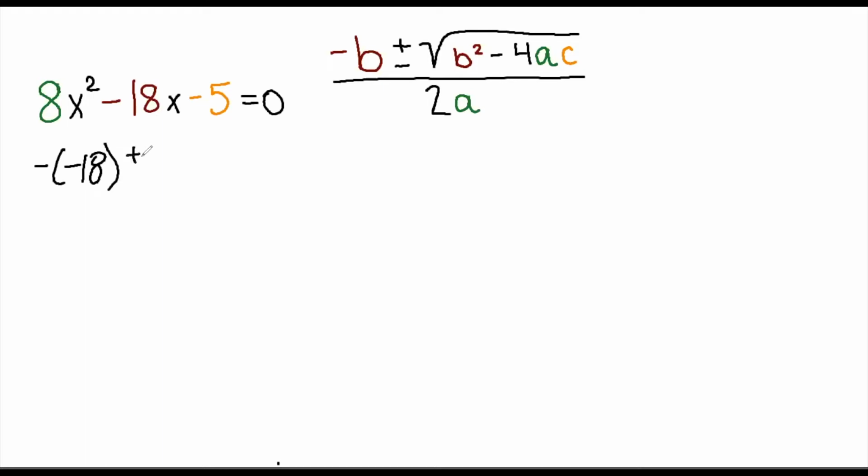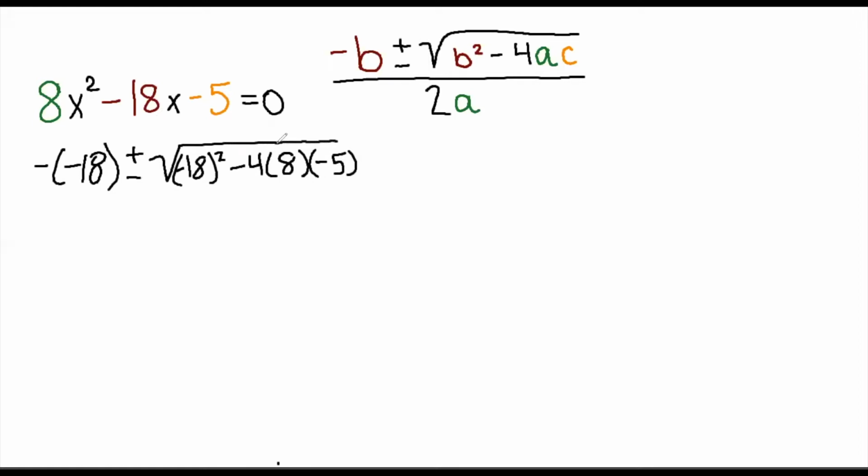Then we're going to do plus or minus the square root of negative 18 squared minus 4 times a, which is our 8, times our c, which is negative 5.